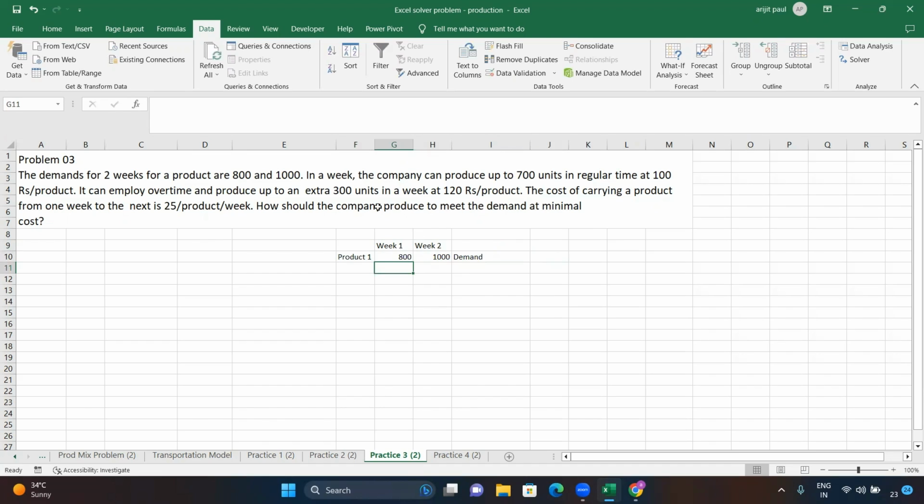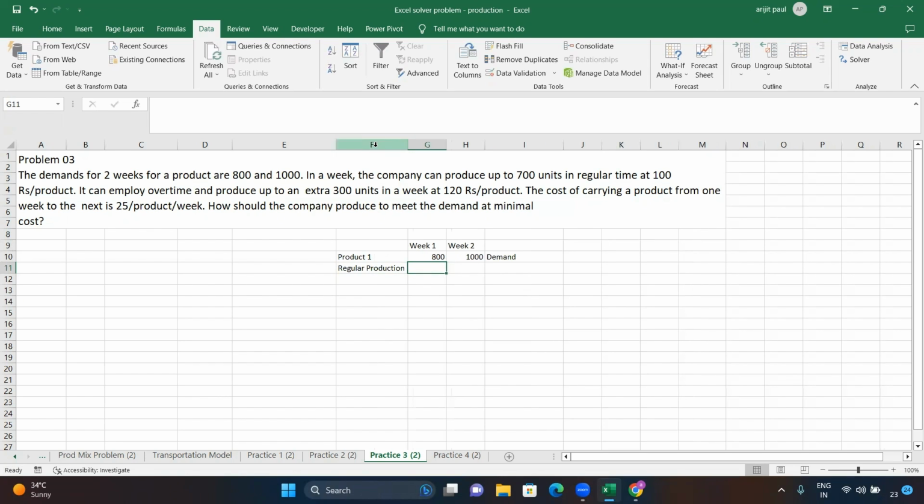In a week, the company can produce up to 700 units in regular time at 100 rupees per product. So basically, if we consider regular production, we can produce 700 pieces maximum, max production.